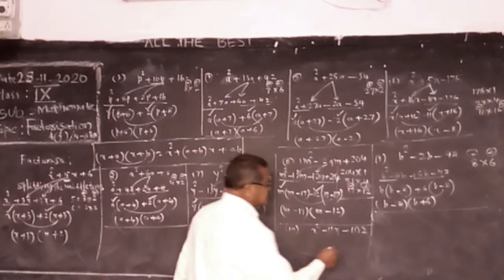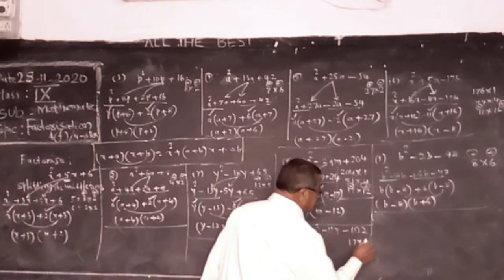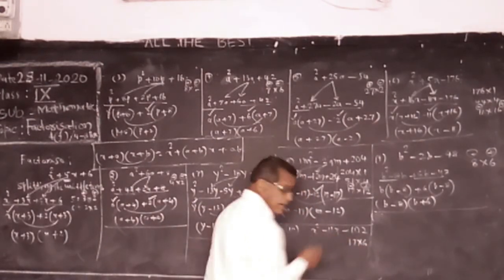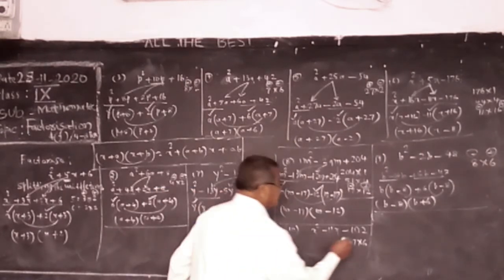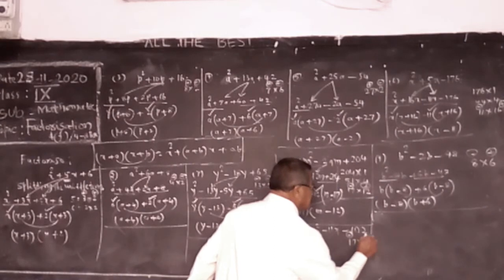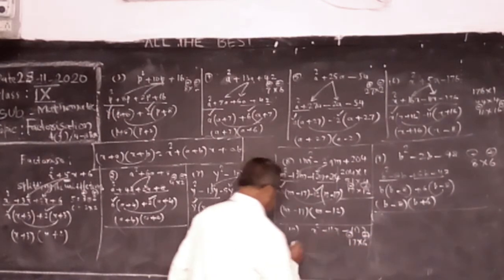We know the numbers from the tables. Here in the middle minus is there, so for the big number you put minus, and plus for the small. Now split it.